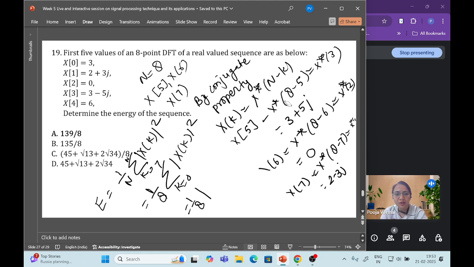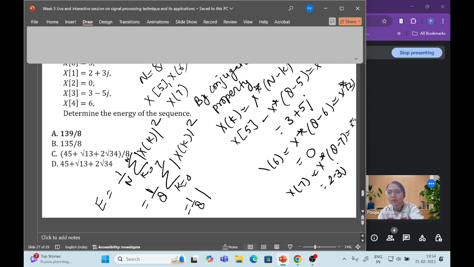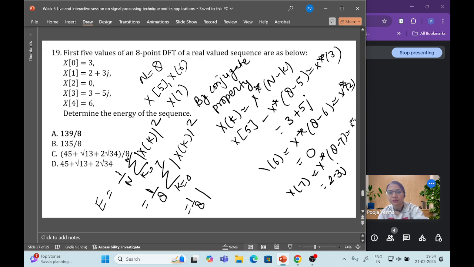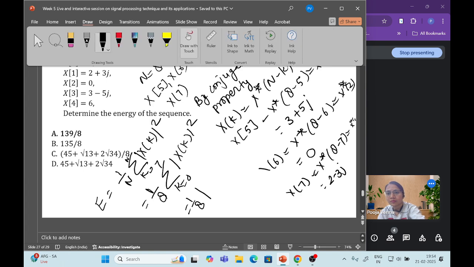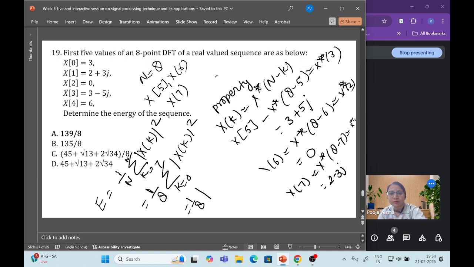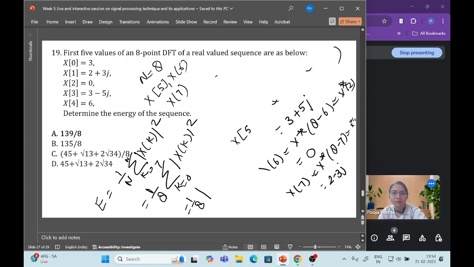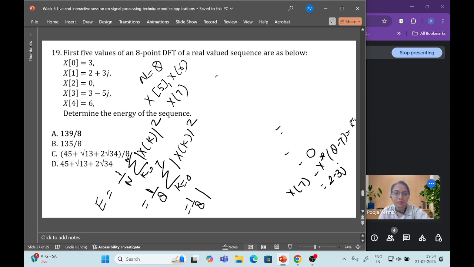I'm not able to remove it from here. So just take all these values.